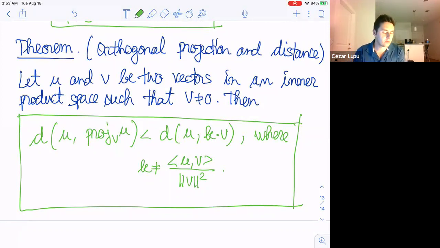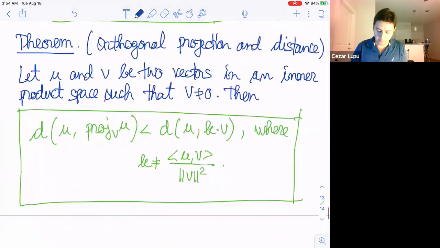Basically, you just have to write the distance formula and also the orthogonal projection formula of U onto V. And then at some point, you will use the Pythagorean theorem because you'll see that these two vectors will be orthogonal there. Everything will follow from the Pythagorean theorem. Anyway, now let me give you one last example and then we'll stop here. I think this would be example number 8.